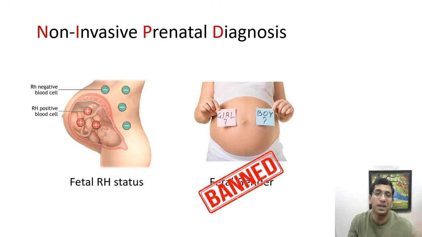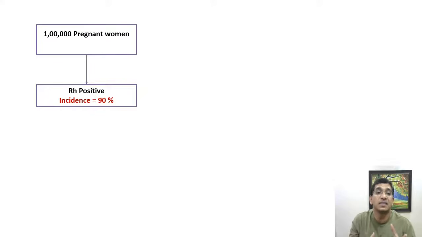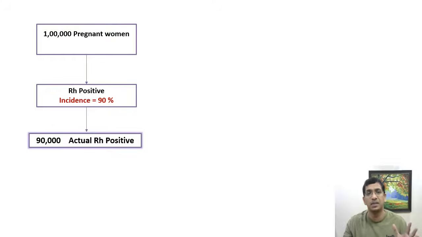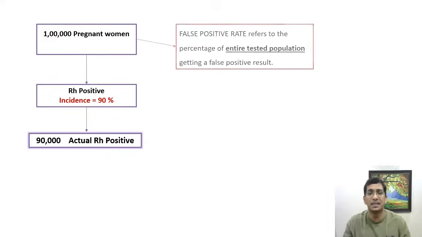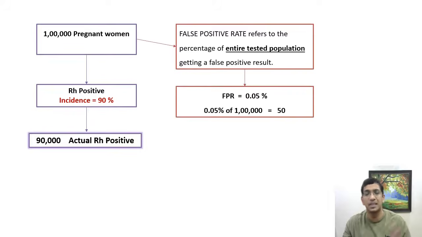And again we are going back to our heart attack wala slide, and again you have say 1 lakh pregnant women, incidence of RH positivity in their fetus is about 90%. 90% of people in the world are Rh positive. So in 1 lakh pregnancies, you are going to have 90,000 Rh positive babies. Okay. Again, false positive rate is about 0.05%. So you are going to have about 50 cases who are false positive.